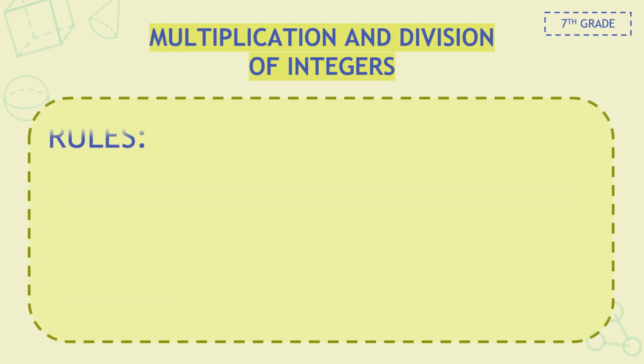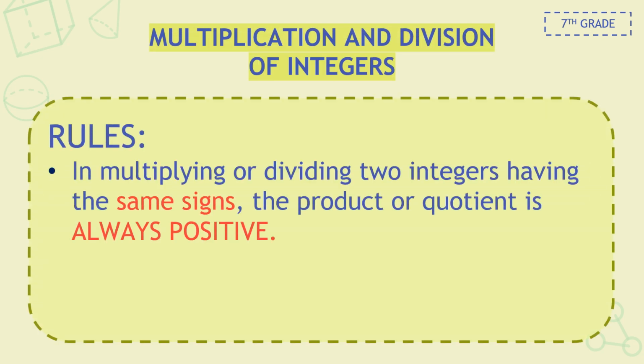First rule: whenever we are multiplying or dividing two integers having the same sign, ibig sabihin, yung dalawang given integer natin, parehas po sila ng sign. Yung isa positive, yung pangalawa positive pa rin, or yung una negative, yung pangalawa negative pa rin po. For that same sign, the product or the quotient will always be positive.